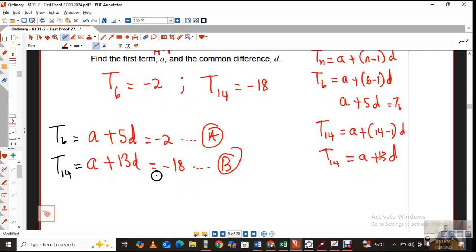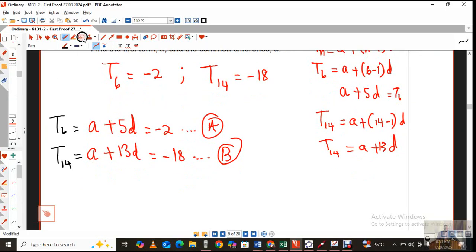Now that I have these two equations, you are going to solve them simultaneously by subtracting them from each other. So if I now subtract equation B from equation A, and it is very important that you understand that, the A's cancel, then you have 5 minus 13.